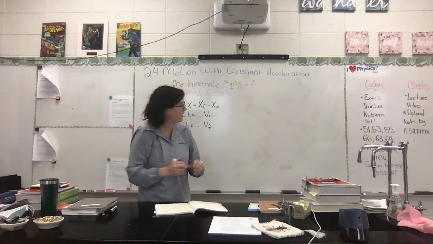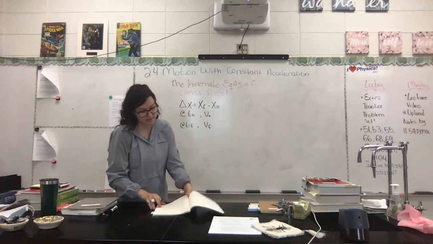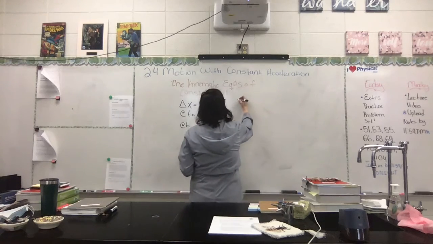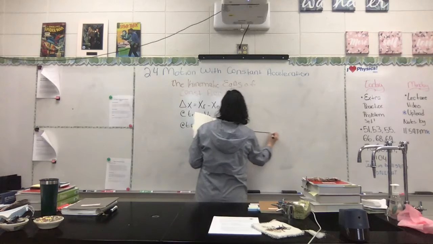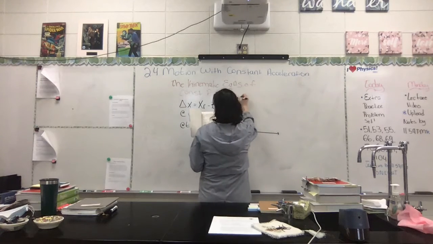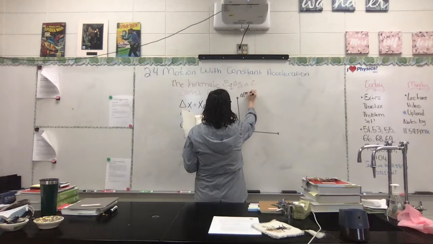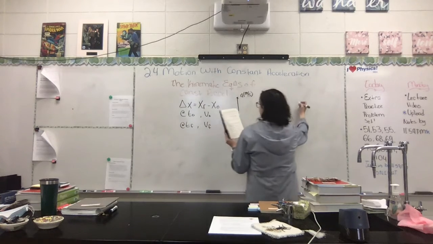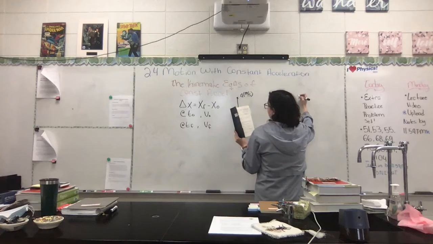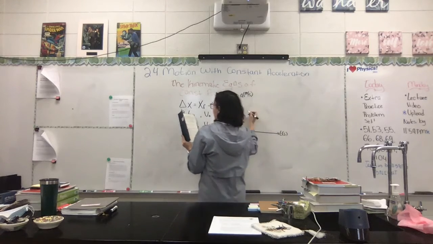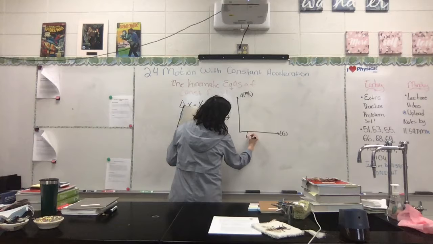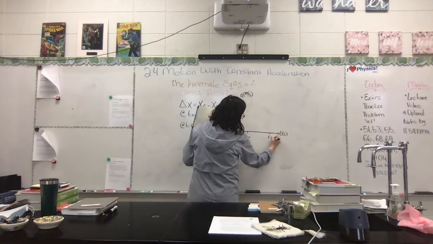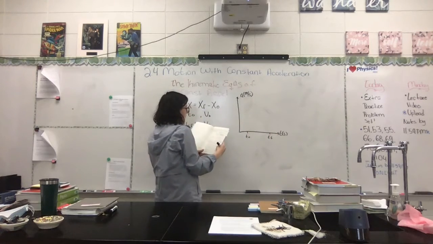So if we look at these graphs, we're going to have an acceleration versus time graph. And what we're going to see here is that from t naught to tf, that's the area we're focusing on.